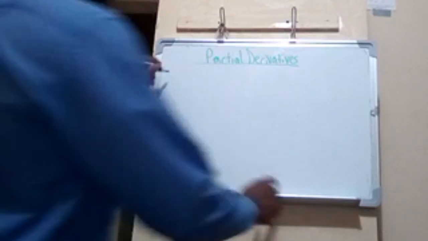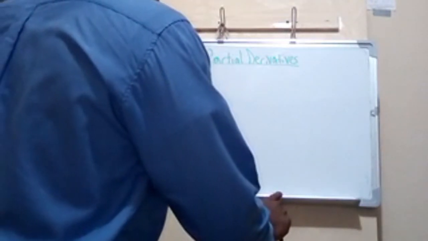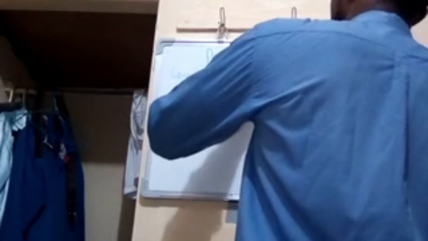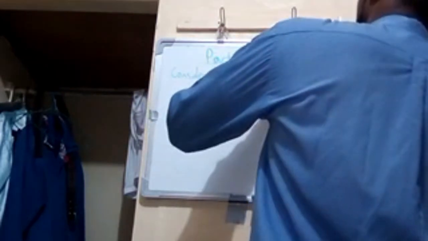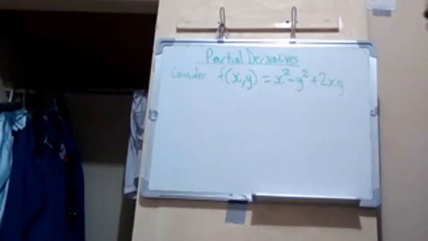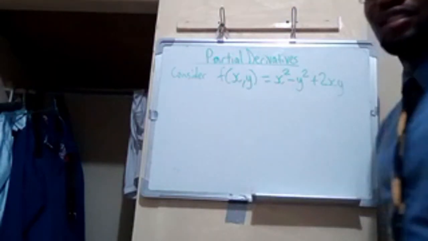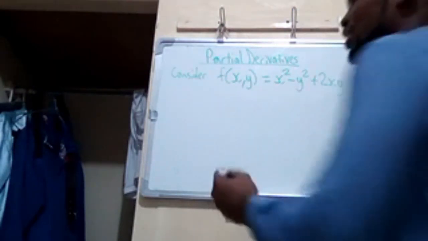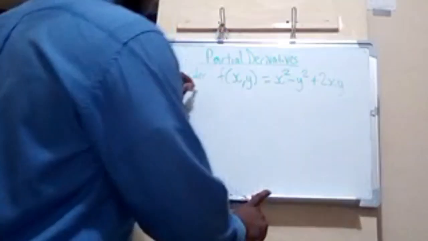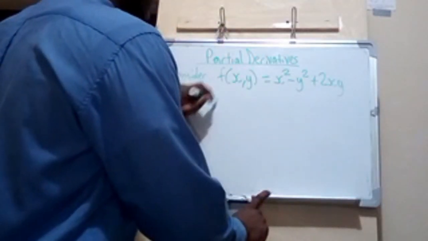So consider a function f of xy equal to x squared minus y squared plus 2xy. Now, I cannot ask you for f prime of xy.